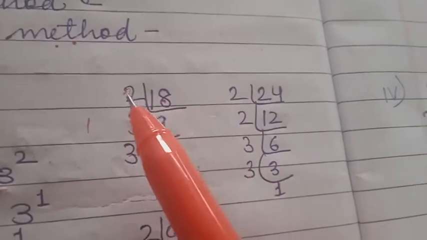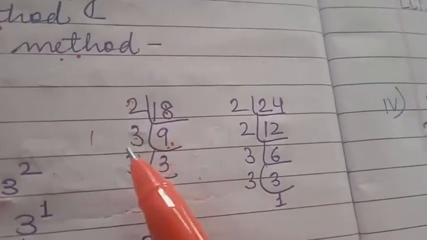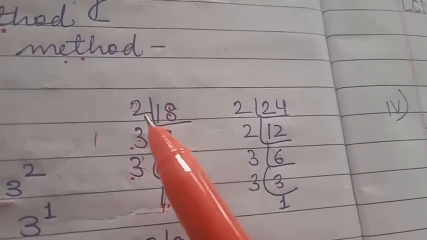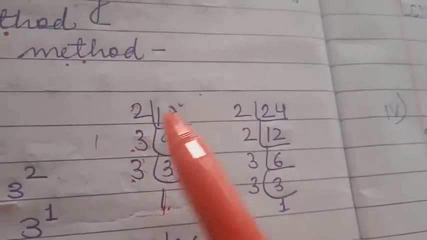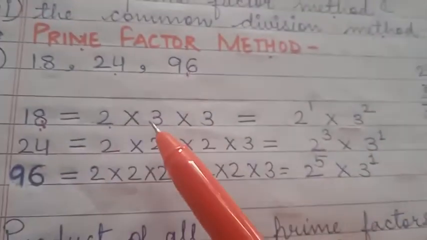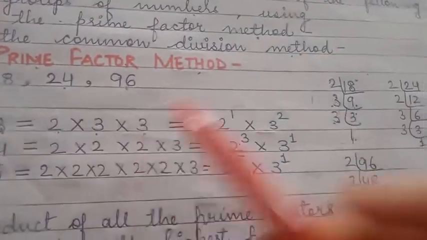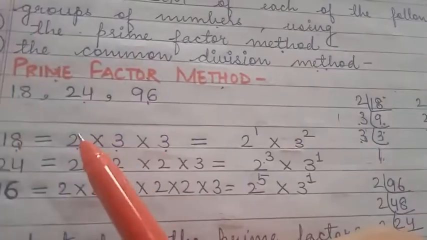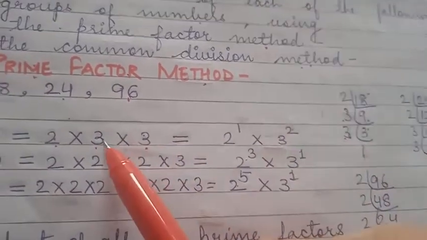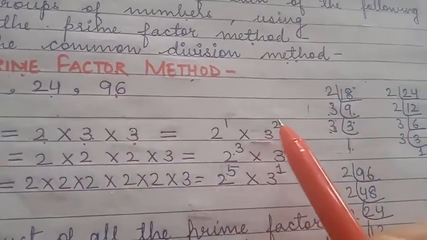See again. 2 9s are 18, 3 3s are 9 and 3 1s are 3. So what are the prime factors of 18? 2, 3 and 3. So I have written 2 multiplied by 3 multiplied by 3. It is 2 raised to 1 multiplied by 3 raised to 2.